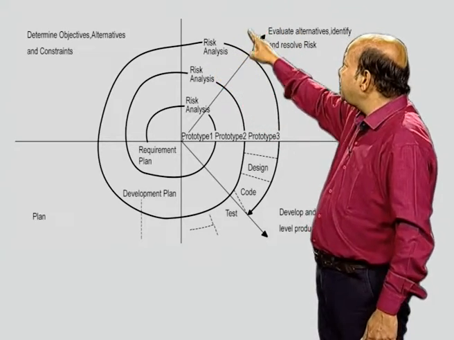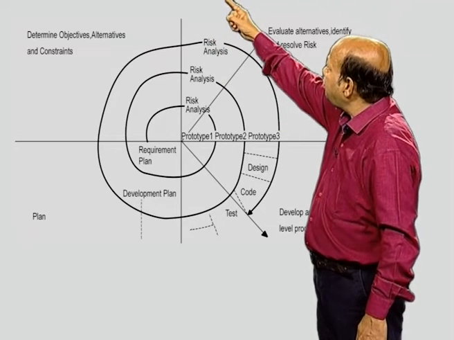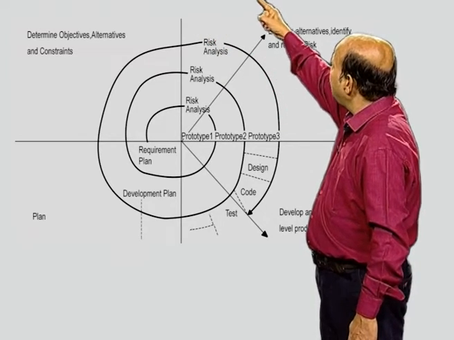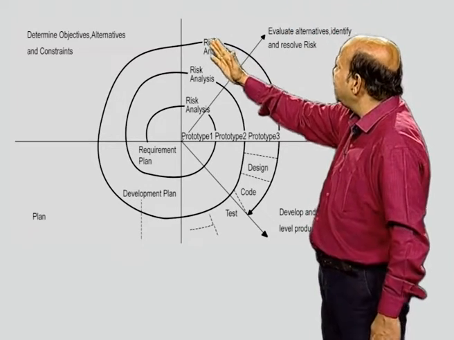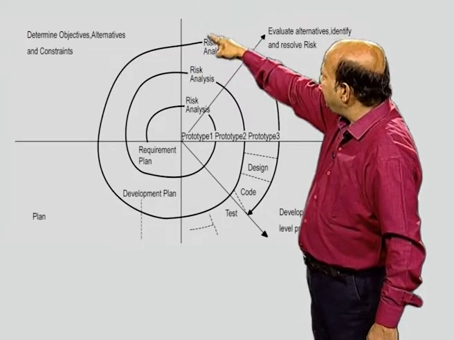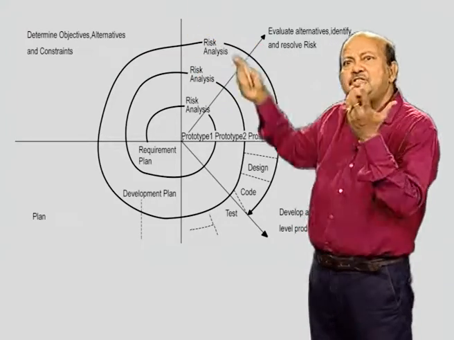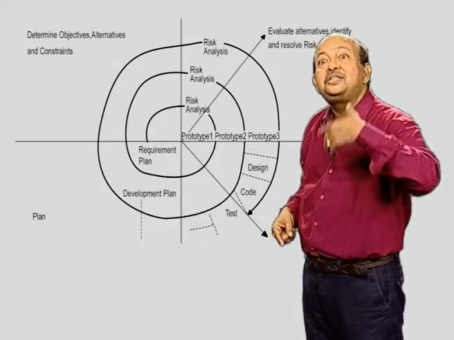If you see this model, it is a spiral, with a lot of prototypes: prototype 1, prototype 2, prototype 3, prototype 4, then the actual product, the operational product. Risk is reduced at every step, because in every spiral the product is designed, people start using it, and then they say whether risk is reduced or there is more risk.